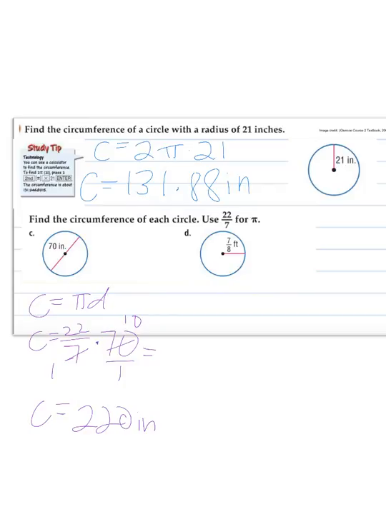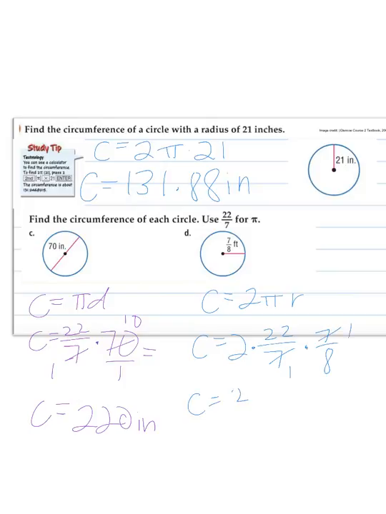And last one. This time we're given the radius, so 2 pi r. So 2, we are using 22/7 for the pi, and the radius is 7/8. Let's start with our two fractions. The 7's cancel.